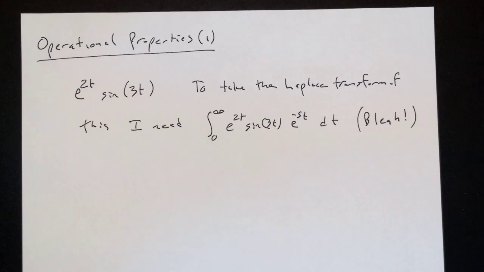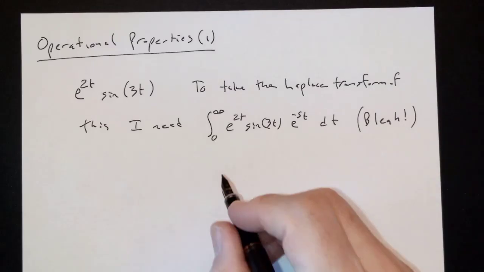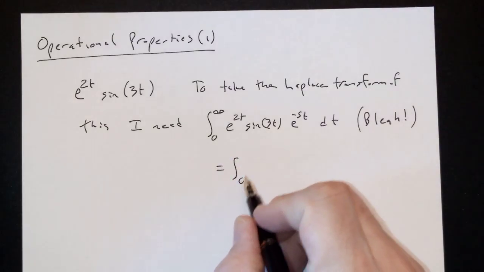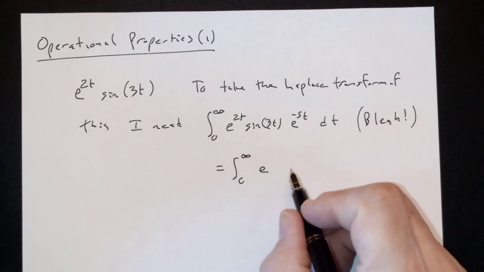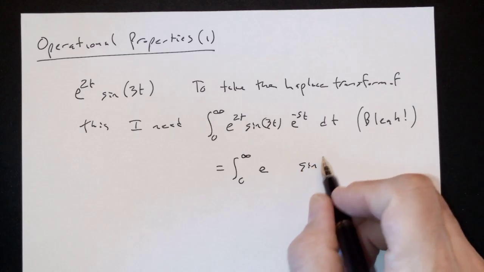But it turns out that e to the 2t piece can be combined with the e to the s piece. Hang on a second. I could rewrite this as the integral from 0 to infinity of e to the what times sine of 3t?